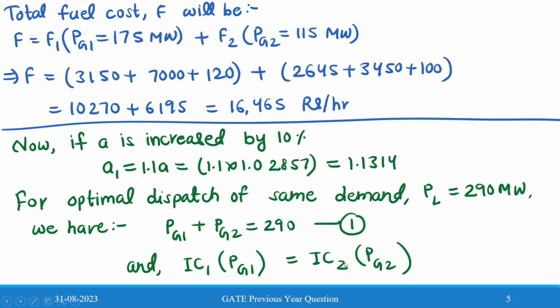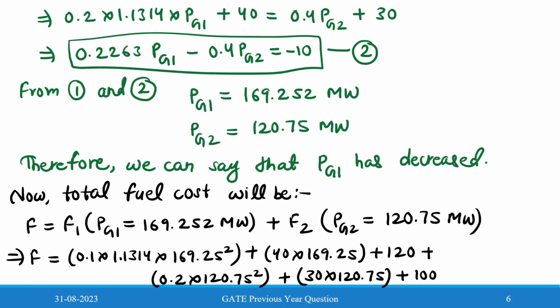In the previous case, A was unknown and Pg1 and Pg2 were known; now A is known and we need to calculate Pg1 and Pg2. By equating these terms, we get the second expression.